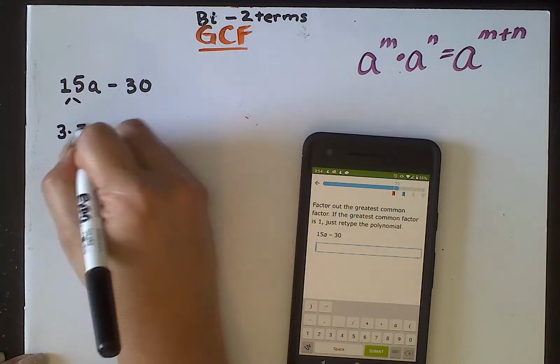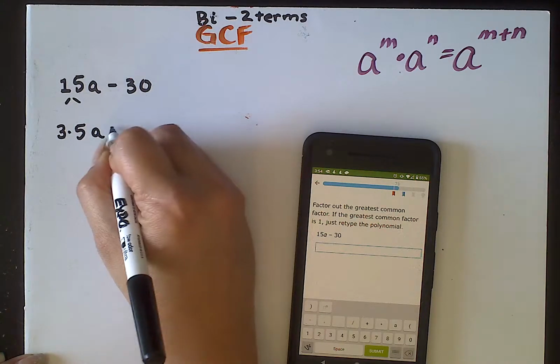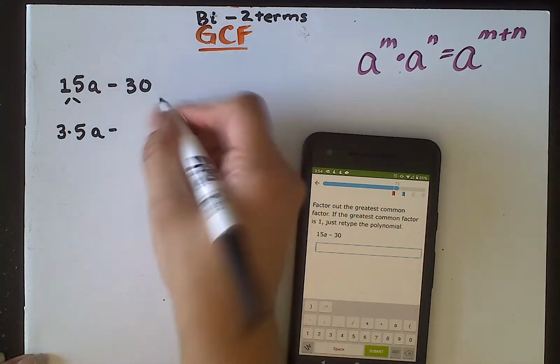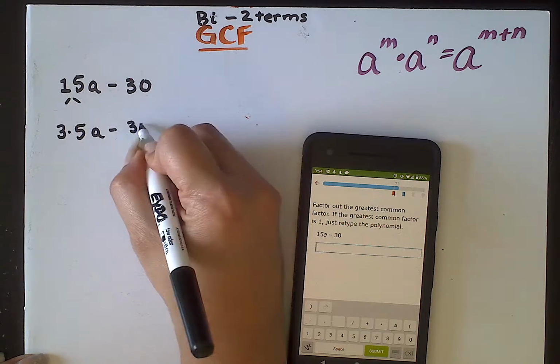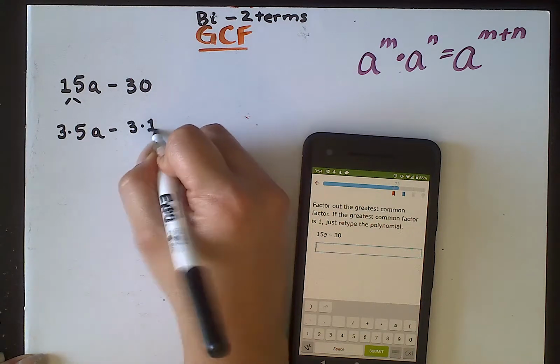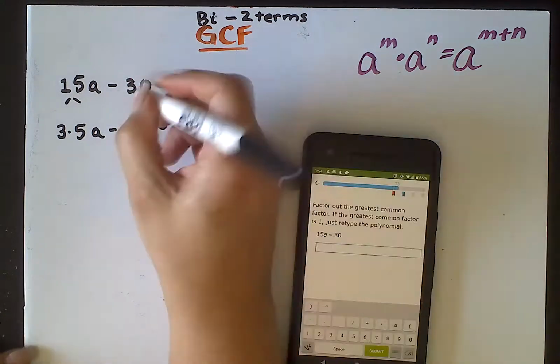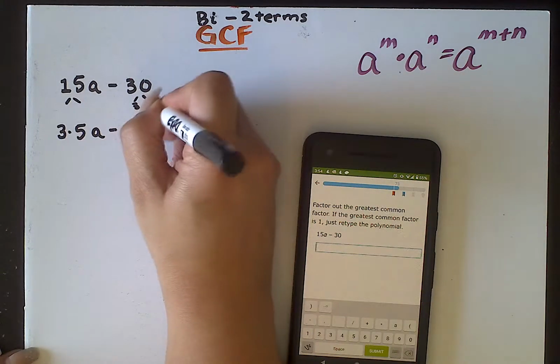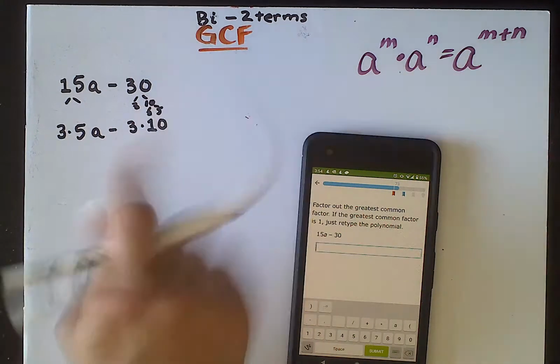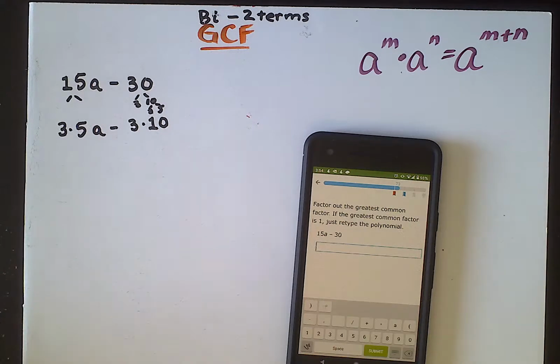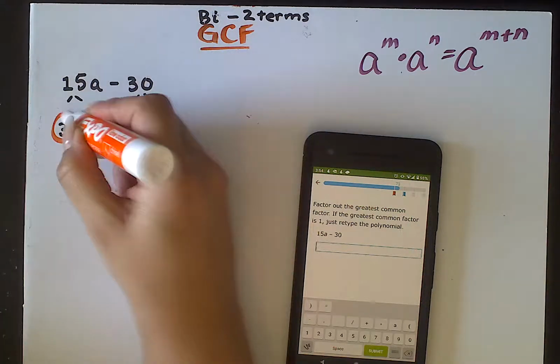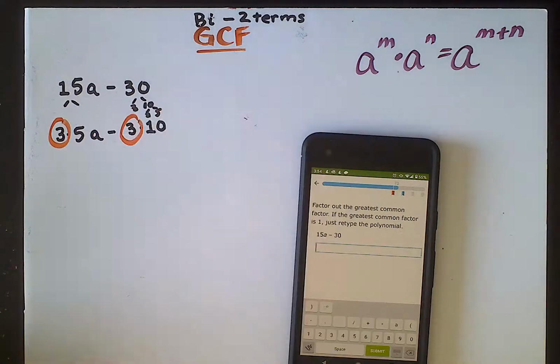That's 3 times 5, and then a. Then minus 30 is 3 times. Now, I'm being lazy here. Yes, I could say that that's 3, and that's 10, and that's 2 and 5. But the thing is, I'm already seeing that my GCF is going to be 3 here.